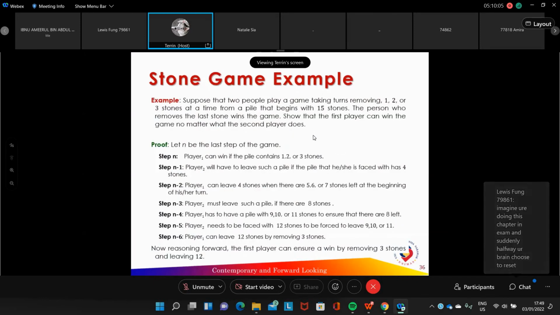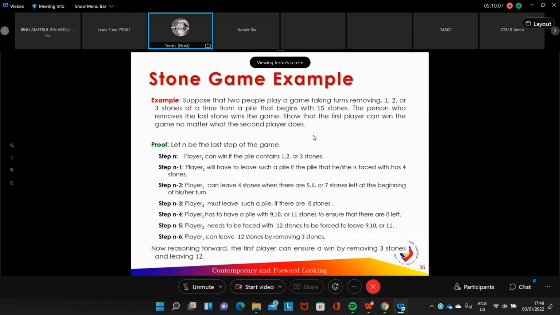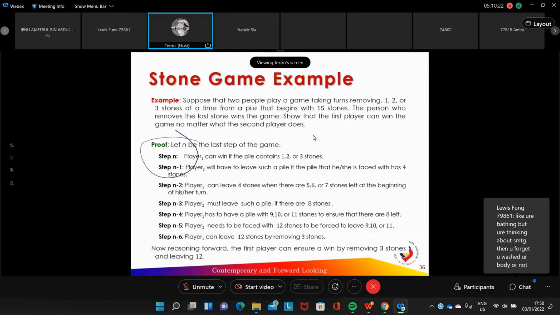So the stone game is Chongka, right? And Chongka is very straightforward. Chongka is how you are going to end up always winning the game. The first thing you have to do is make sure that you're the first player, and you take a certain number of the marbles. Then whatever the other guy takes, he will always be at the losing end.